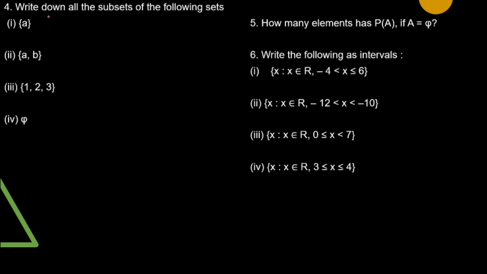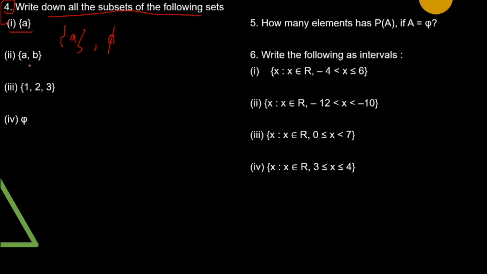Write down all the subsets of the following sets. Question 4, first question. What are the subsets of the set? Obviously A is there, then last but not the least, {5}. So how many subsets? 2.